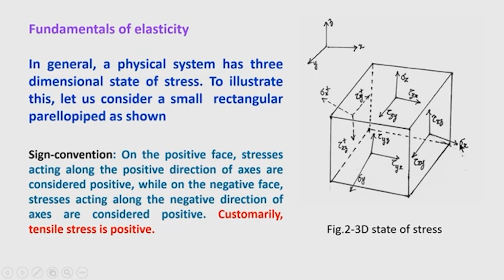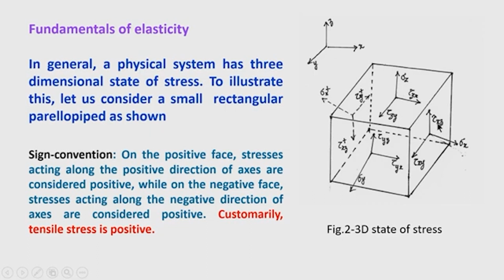So, normal stress is denoted by sigma x, and there are two shear stresses that are acting tangential to the plane. So, those stresses are denoted as tau xy, tau xz. One interesting thing you are seeing here, that normal stresses are denoted by sigma accompanied by a single subscript, whereas the shear stresses, that is the tangential stresses, are denoted by 2 subscripts with the symbol tau.